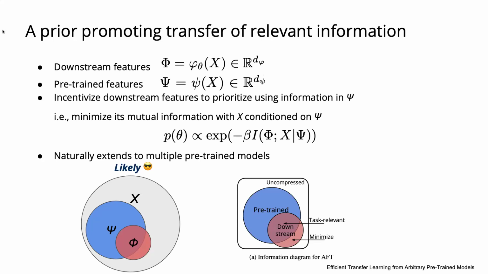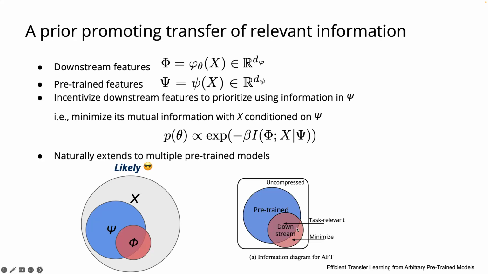Our goal is to leverage the foundation model during transfer learning, so we try to incentivize the downstream feature to prioritize using the information from psi, which we get from the foundation model. And we want to minimize the new information so that we can train faster. That's why we want to minimize the mutual information with X conditioned on psi. So we are trying to minimize this small region. Just for the people online, we are just trying to minimize this small region over here.